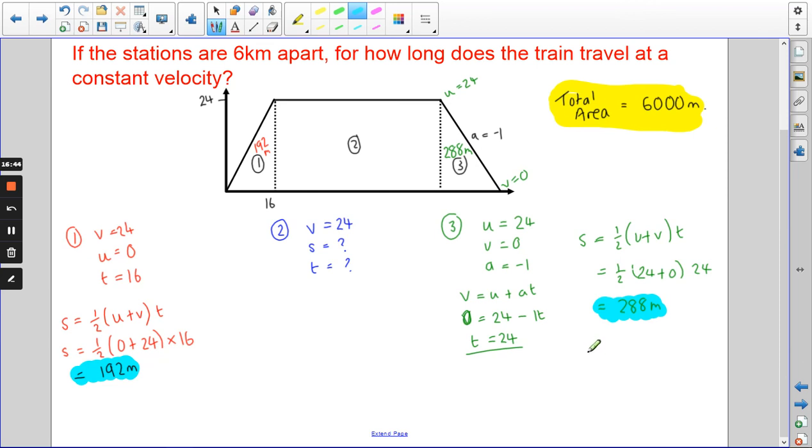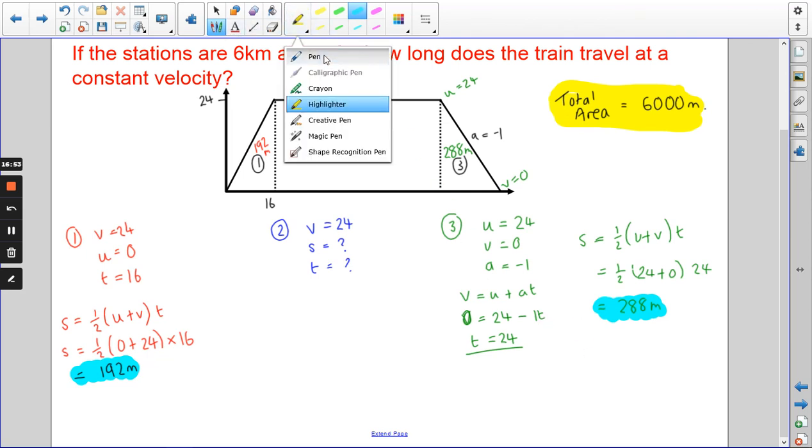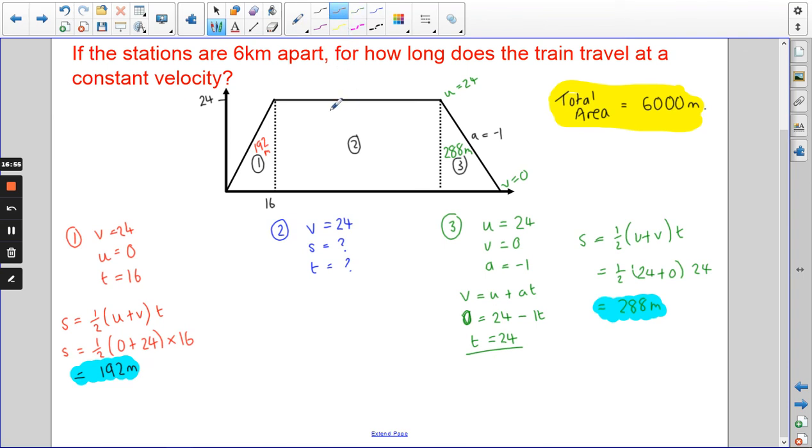That's 480 meters of displacement, which means, by taking that away from 6,000, this must be 4,520 meters. Just taking away the displacement of 1 and 3 from the known total 6,000.